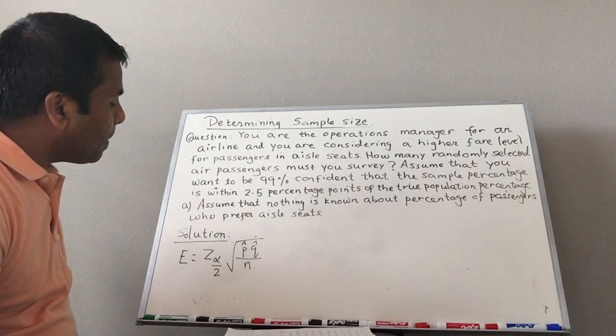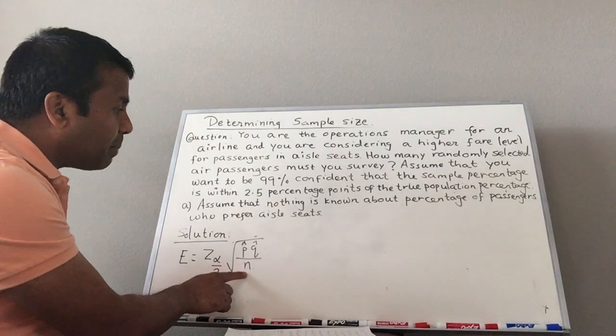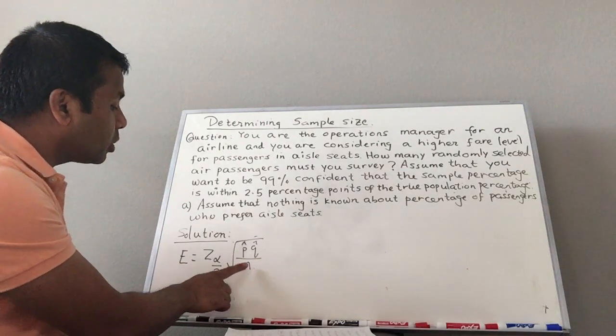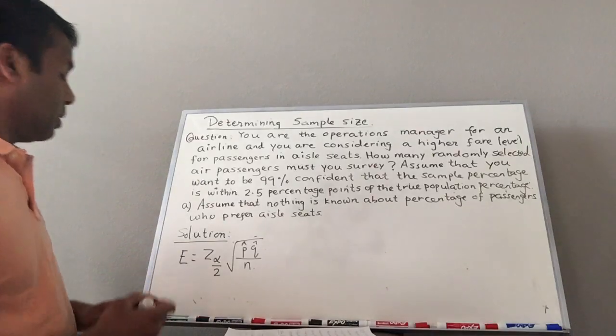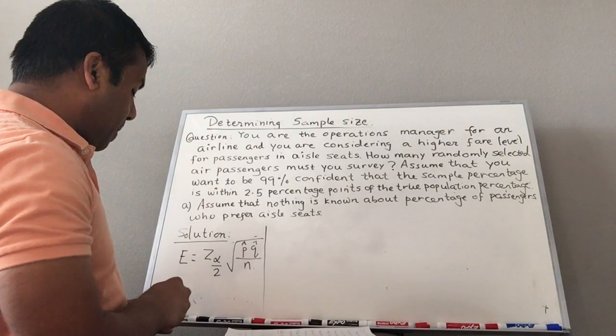So now we are going to find the sample size n. We have to solve for n from this equation. How can you do that? You square both sides.